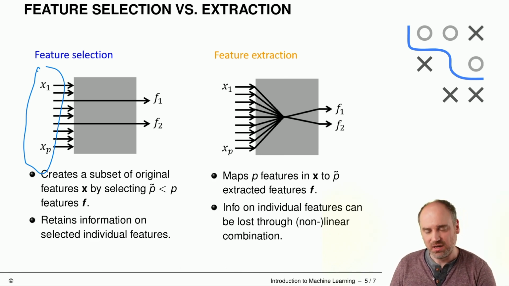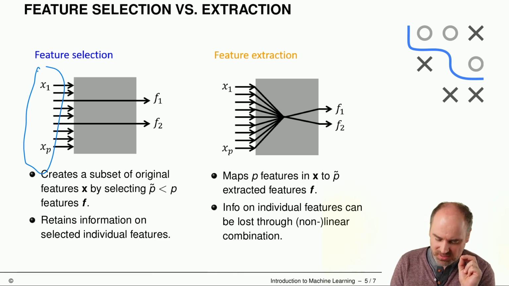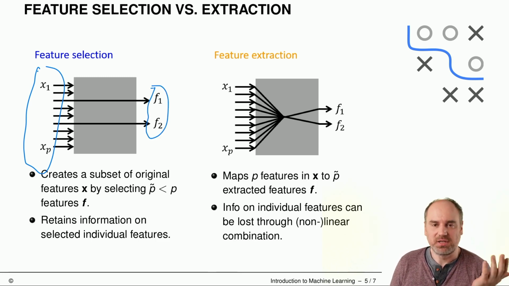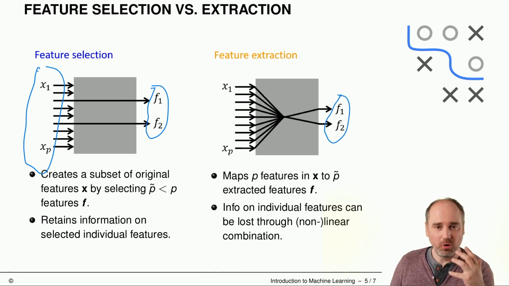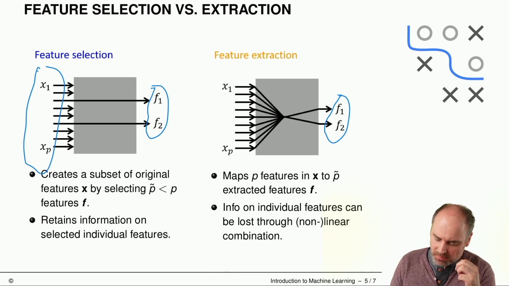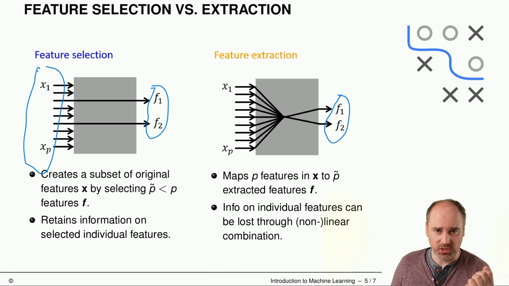Feature extraction, on the other hand, also has the goal of dimensionality reduction, right? So I have maybe 1,000 features and I want to reduce this to maybe 10, 20, 100, depending on how well these sets work. But it allows itself to be a bit more flexible, because the lower dimensional features that we're going to use can be multivariate transformations of our original features.